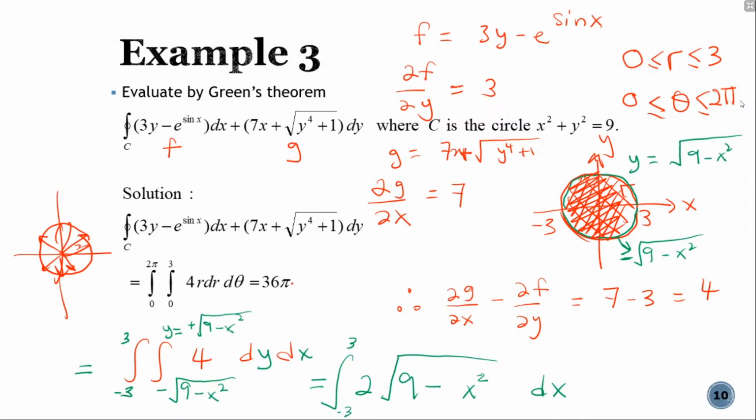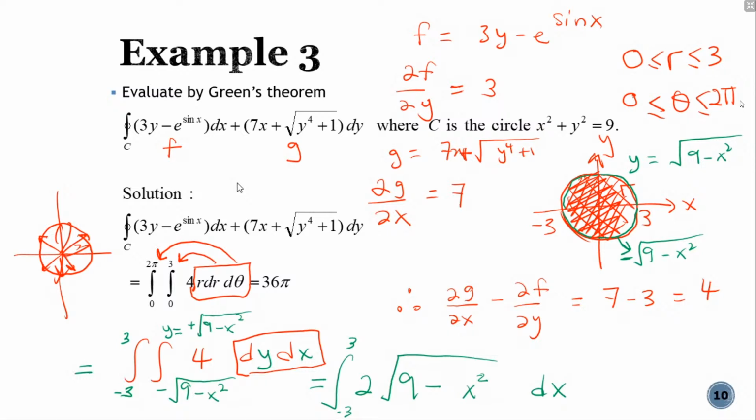That's why here, instead of using x, y, now you have 4 is the same, but your dx dy here, you change it to r dr d theta, and for dr d theta, just refer back to your region, circle, r from 0 to 3, your radius, and theta from 0 until 2 pi because it is a closed circle.